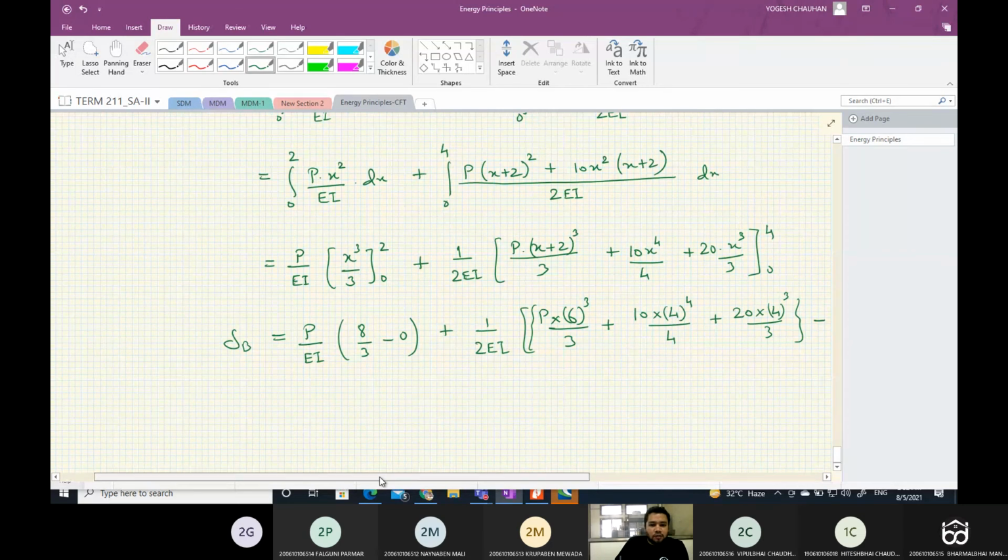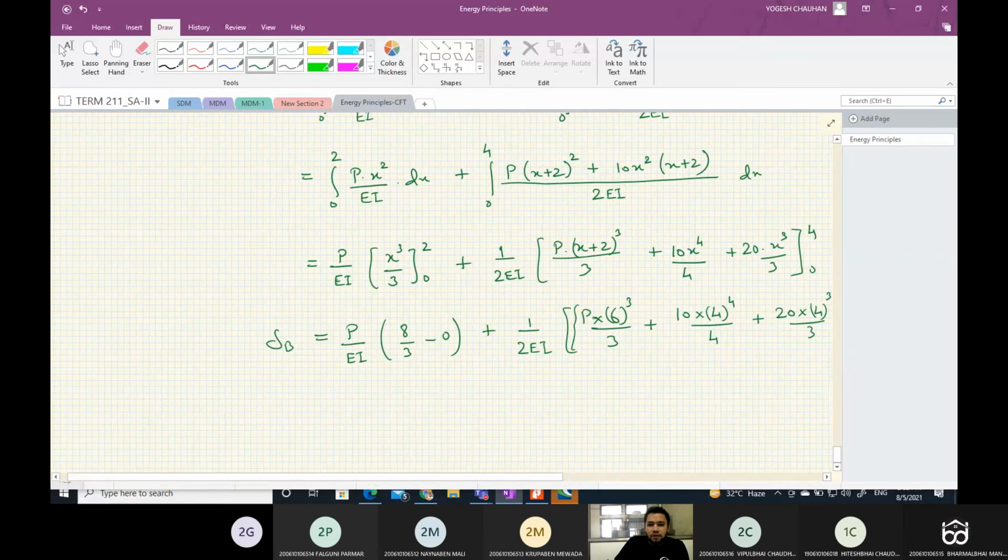Now we substitute the values of EI and the value of P. Taking EI equal to 10 into 10 to the power 13 Newton mm square, which is given in the data, and P equals 60 kilonewton.